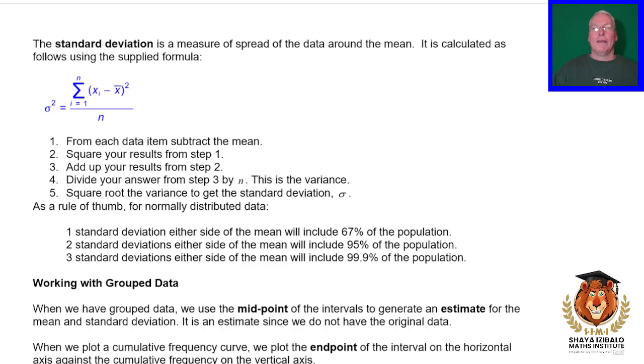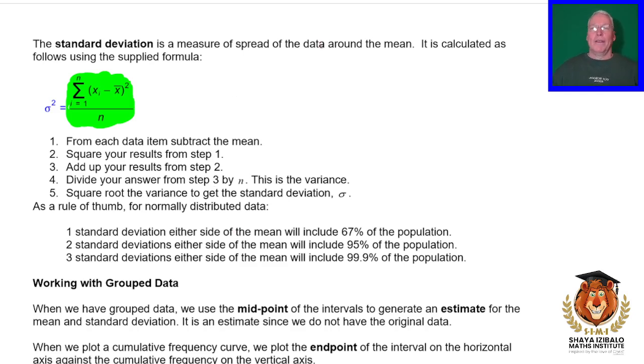This formula says that we take every x value, subtract the mean, square that result and add it up for all of them. Then we divide by how many we have. In other words, we work out the average. That gives us not the standard deviation, but what we call the variance, and the variance is the square of standard deviation. So to get from here to the final answer, we would square root.